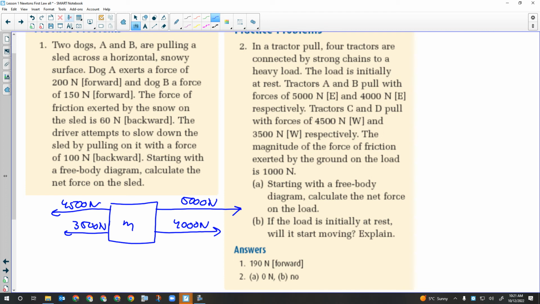That's something we have to recognize about the force of friction: it's always working against you. So whatever direction this thing is going to end up going, which is clearly east, friction has to act the other way, so I've got to put another 1,000 newtons here. So I've got 8,000, 9,000 newtons.